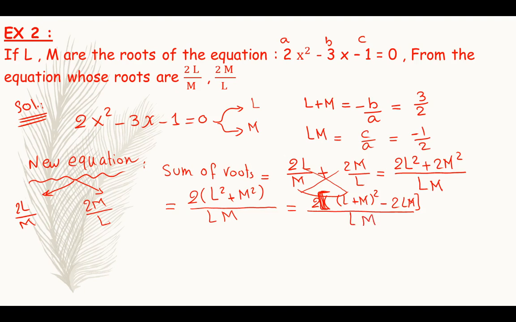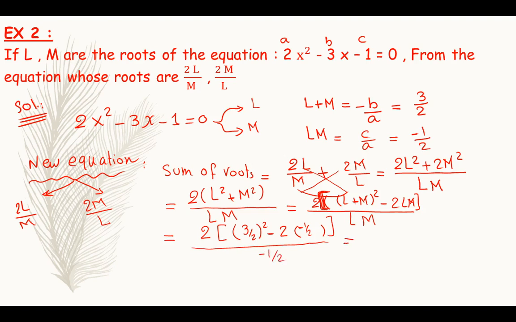Now, you know that L plus M is the sum of the old roots. We know that L plus M is equal to 3 over 2. So we replace L plus M by 3 over 2 all squared, minus 2LM, and we know that LM will be equal to negative half, over LM, which is equal to negative half.